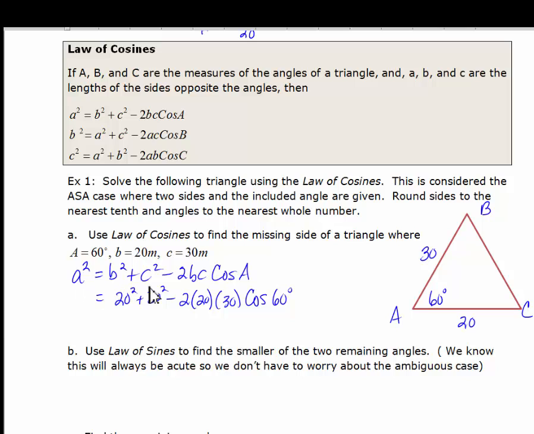So I've written down the formula, and I've also substituted all the values in. B is 20, c is 30. And so it's 20 squared plus 30 squared minus 2 times 20 times 30 times the cosine of 60. And this is equal to a squared. And so what we can do is we can either evaluate this right on our calculator.